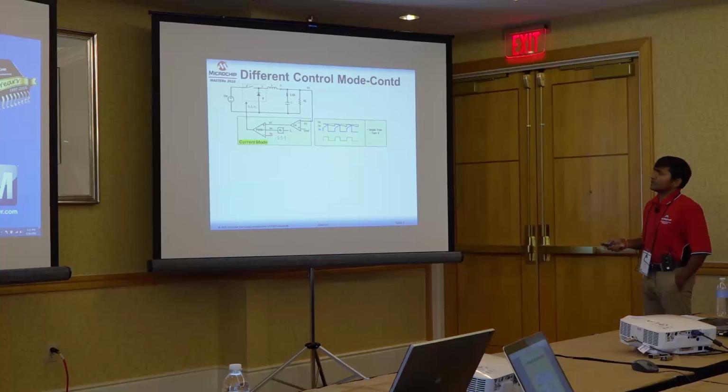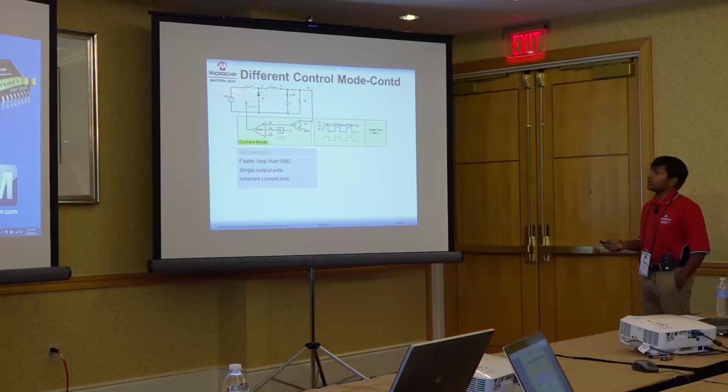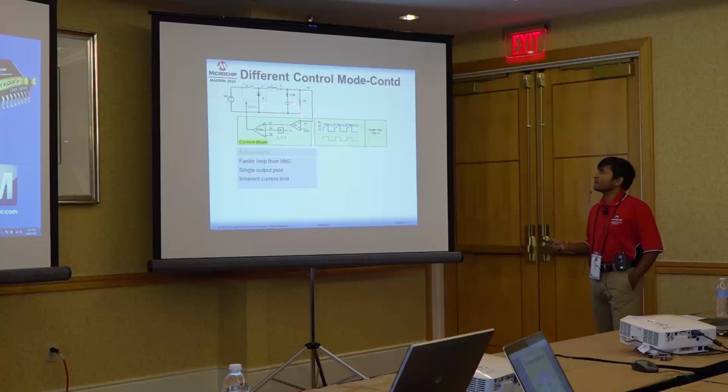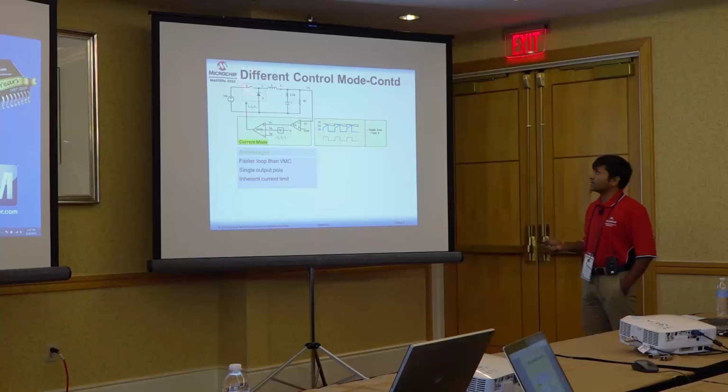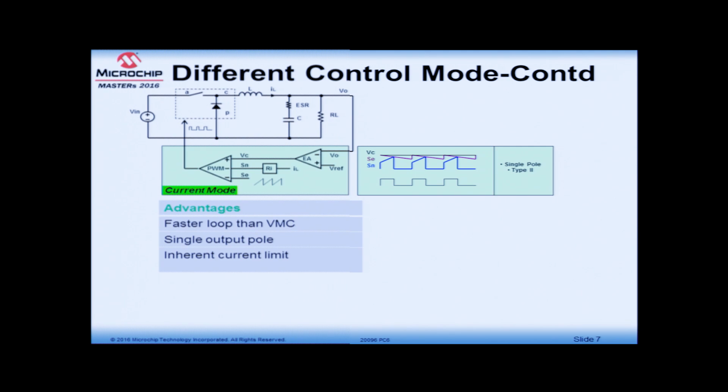There are some advantages of current mode control. As you can see, any changes in the input voltage are immediately sensed by the inductor. So, it gets corrected immediately. Because of that, the loop is faster than voltage mode control, and as we are sensing the inductor current, the inductor pole moves away from the double pole location.